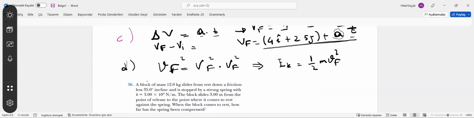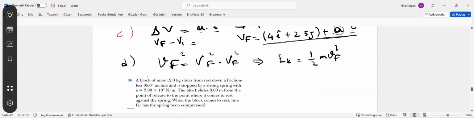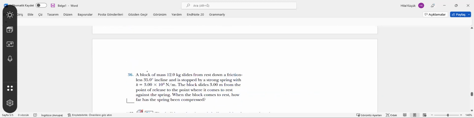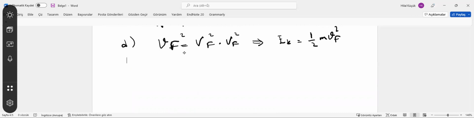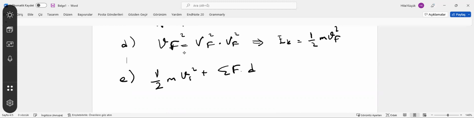And what's the other question? I think you can do this part easily. I handle the hard part. Please continue with the last part. Find 1/2 m V initial plus F D. Can you find F?